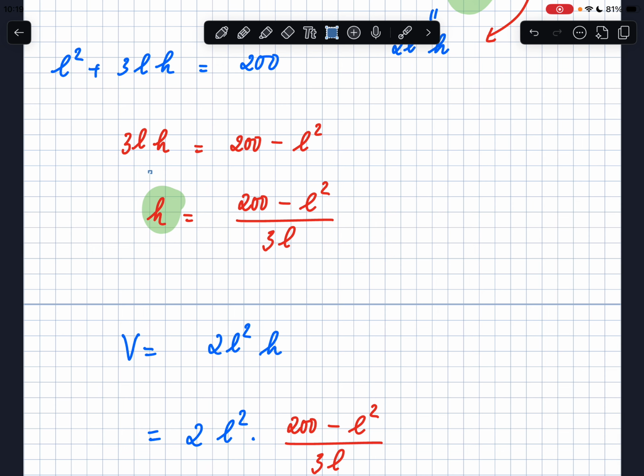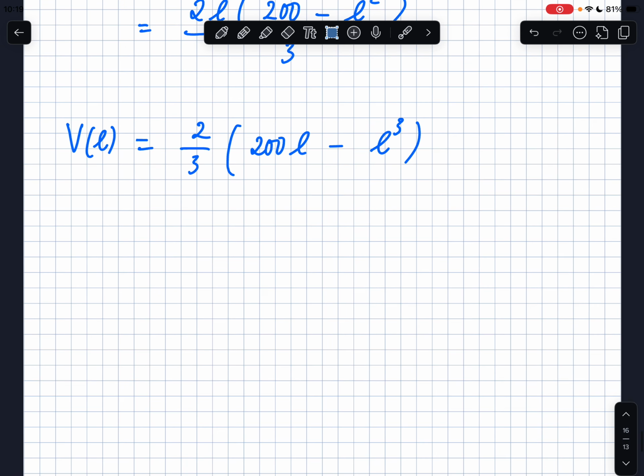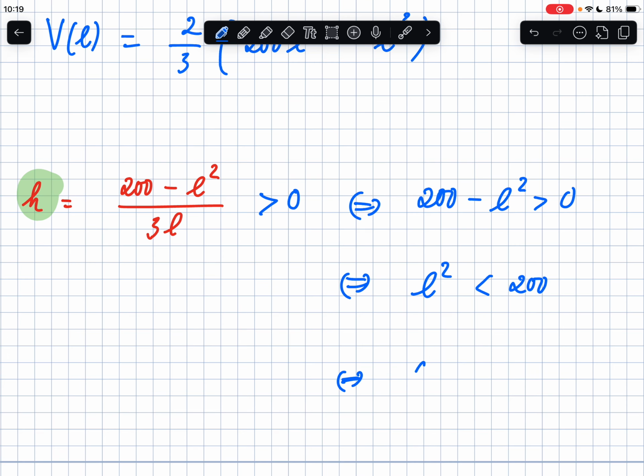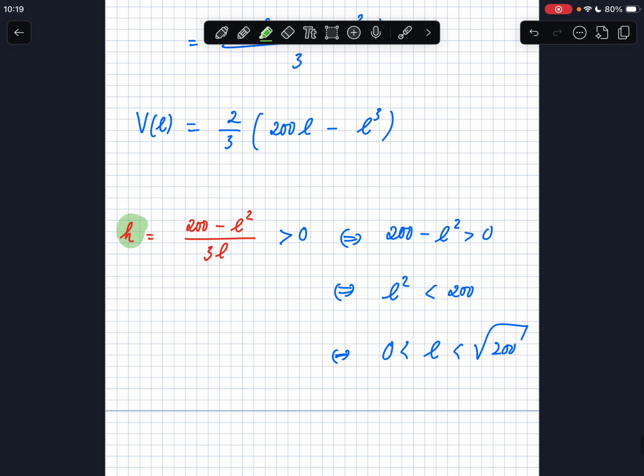So set up the interval for the variable: length bigger than 0, and height bigger than 0, which makes 200 minus length squared bigger than 0. Length squared smaller than 200. Length is positive, so I can take the square root of both sides. This is our domain for the length. And this is a function.